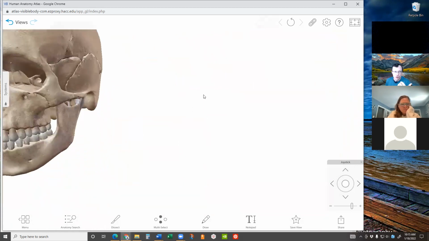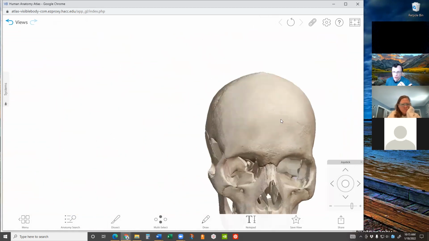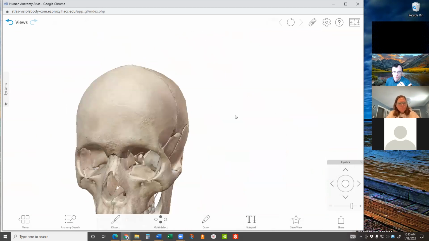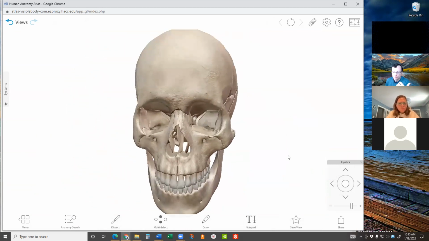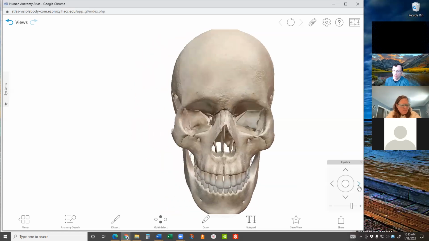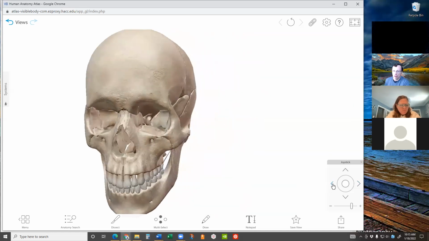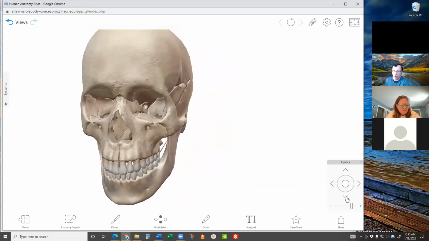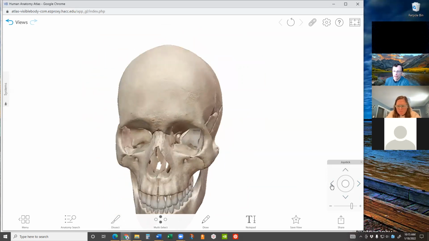So try to use your right mouse button to move the skull around, okay? If that doesn't work for you for some reason, in the virtual joystick, you have the up, down, left, and right arrows. You can use those arrows to accomplish the same goal, okay?